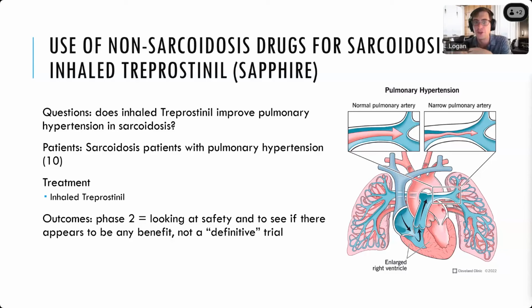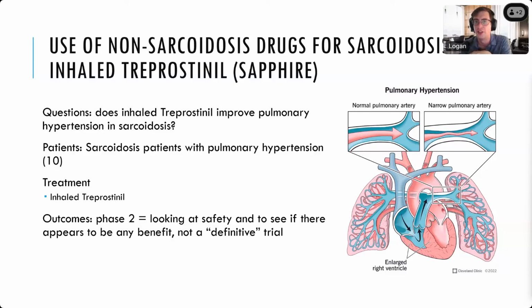And then phase 2, you actually give it to the patients who need it, and you start planning your larger trial to get it approved for everyone. Since we are only on a phase 2 trial here, we're still probably several years out from routinely giving treprostinil to sarcoidosis patients with pulmonary hypertension.